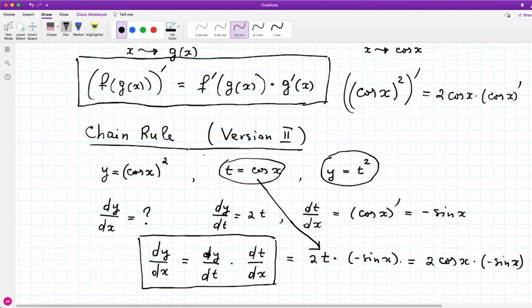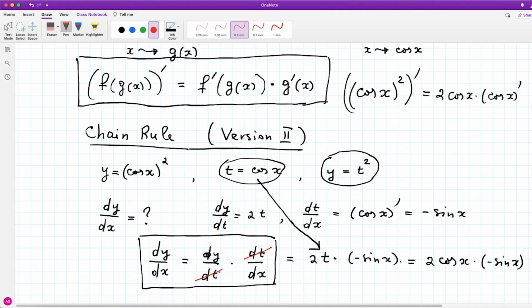And the other useful advantage of this formula is that it is easy to remember, because if you imagine for a second that these derivatives, dy dx, dy dt, dt dx, are fractions, then this formula becomes almost trivial, because you could cancel out the denominator dt with the numerator dt on the right hand side, and then you have the obviously correct formula dy over dx equals dy over dx.